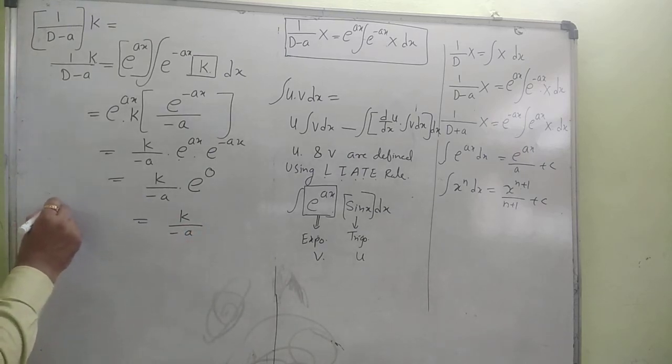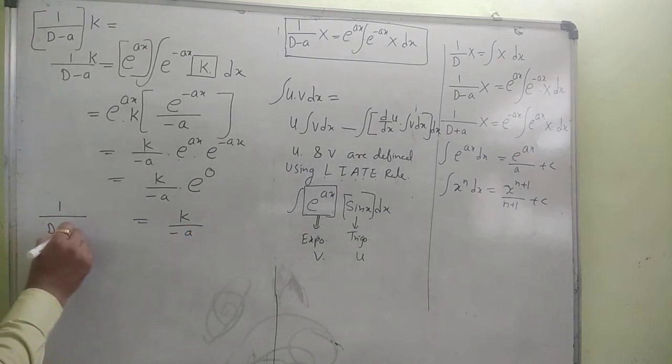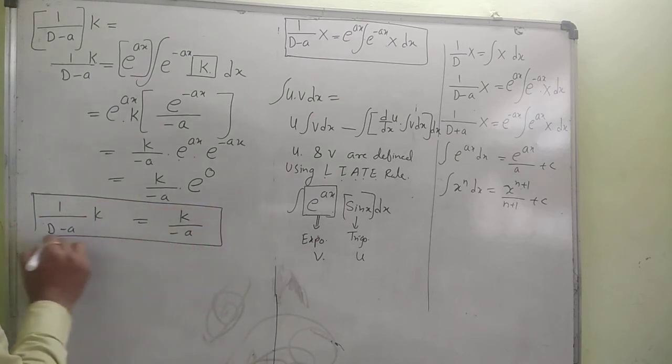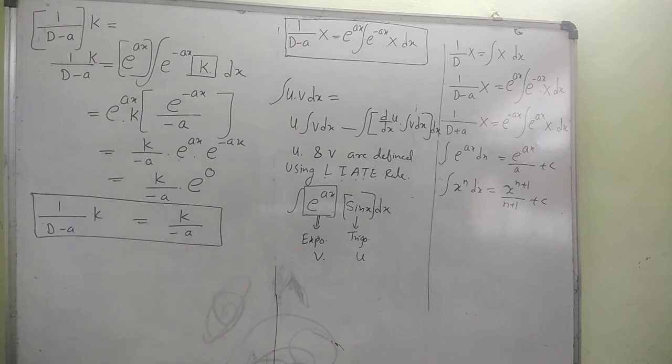So we have got the value for 1 upon D minus a into k as k upon minus a.